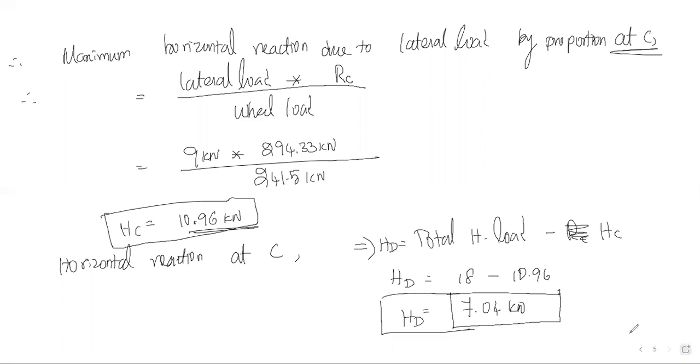Okay, horizontal reactions. Next, because of this horizontal reaction, what about the moment and what about the shear force that we are going to calculate? So maximum bending moment due to lateral load. It is also by proportion we are going to calculate.